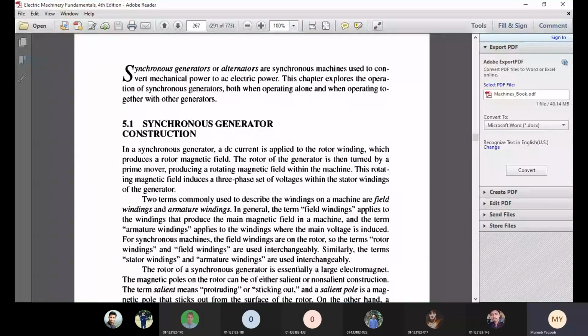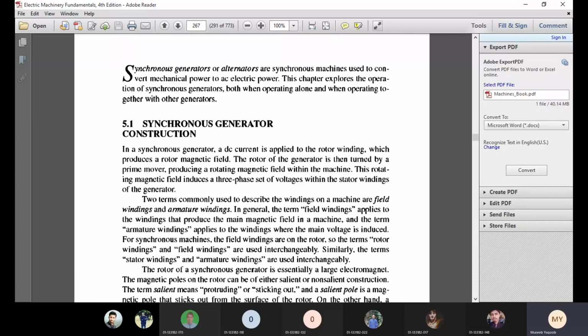While in an induction machine, the field winding is again on the rotor, but this time we don't use a separate DC power source for the provision of DC field current. Rather, we provide field current using magnetic induction or transformer action.